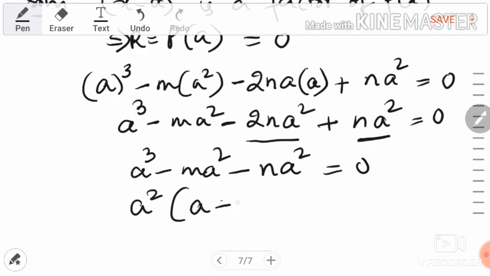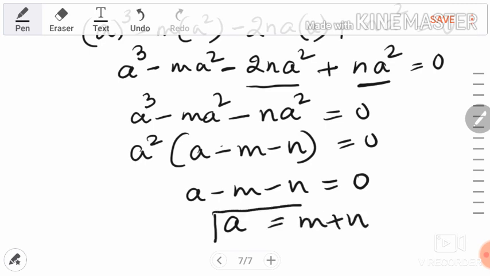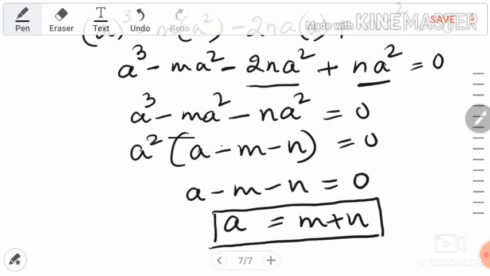We are left with a minus m minus n equal to 0. So this implies a minus m minus n is equal to 0, or a is equal to m plus n. Since a cannot be 0, we equate a minus m minus n to 0 and get the result.